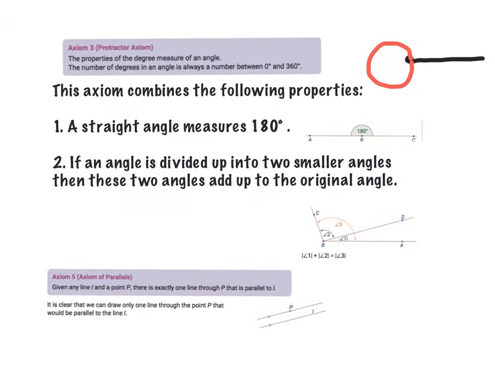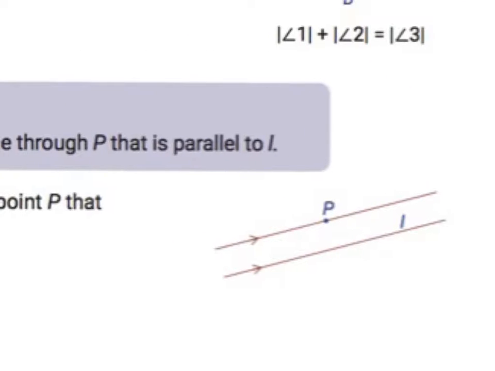Then our final axiom is axiom 5. So it says, given any line L and a point P, there is exactly one line through P that is parallel to L. Okay? So let's just say we had in this picture here, right? There's this line L here, okay? The point P, and they're basically saying that there's only one line that they could have drawn through P that would have been parallel to L, okay?